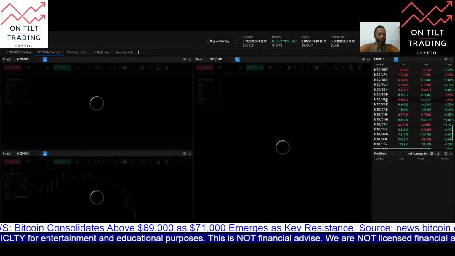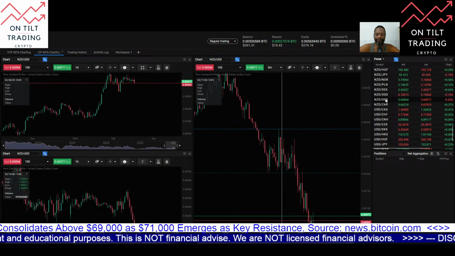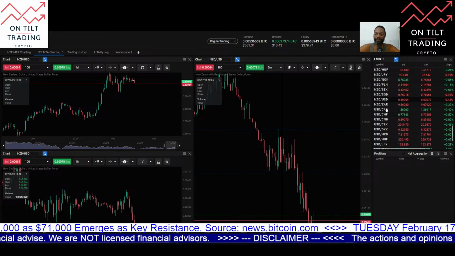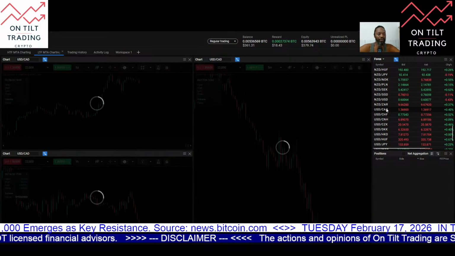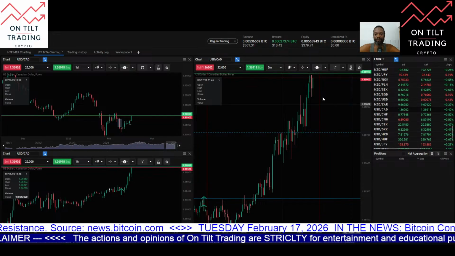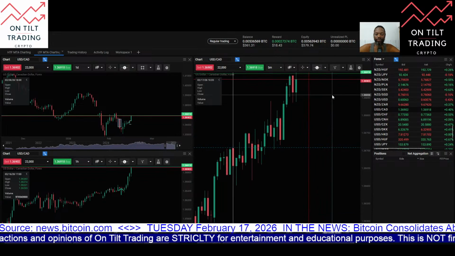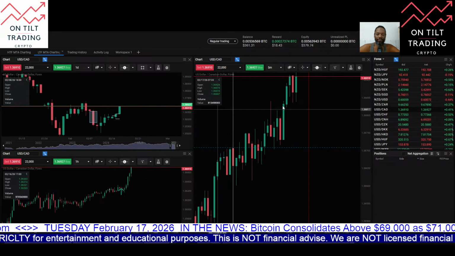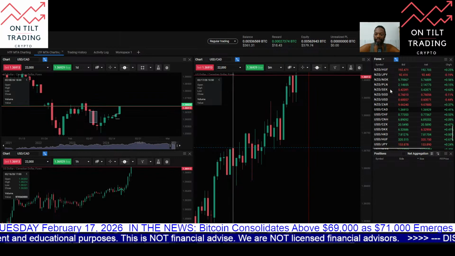New Zealand dollar, nothing here. Dollar CAD, still showing some buy side delivery, but there's a possibility for a reversal here on USD CAD.